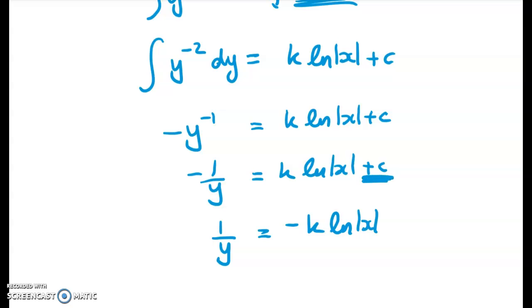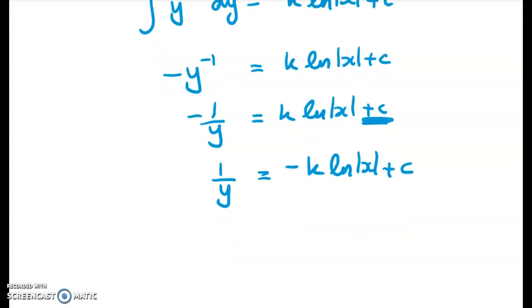But when I am dealing with this plus c, timesing that by negative 1, we can still write it as plus c. Now, if you're not confident with that, you need to go back to some easier DE questions and think about what the arbitrary constant really means. Okay, so next let's take the reciprocal of both sides, and we'll get y is equal to 1 over c minus k log of x.